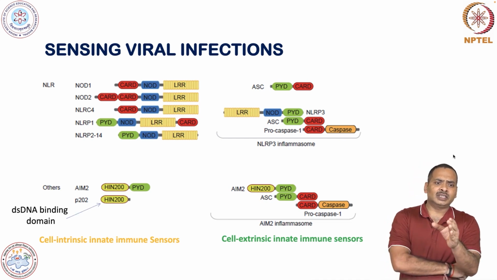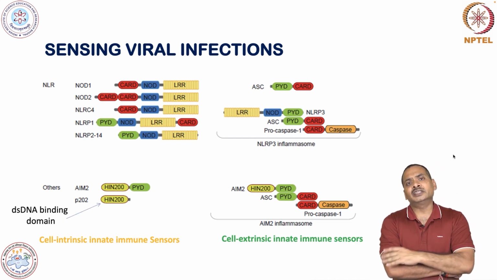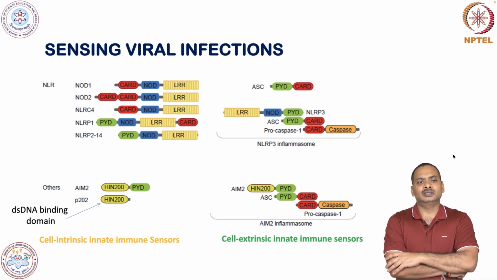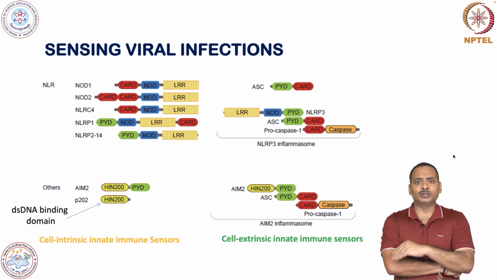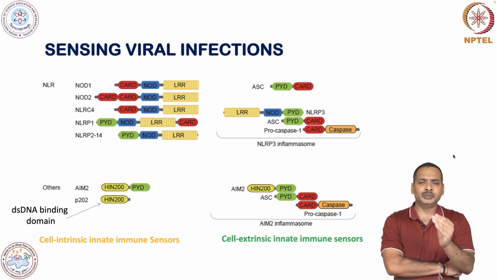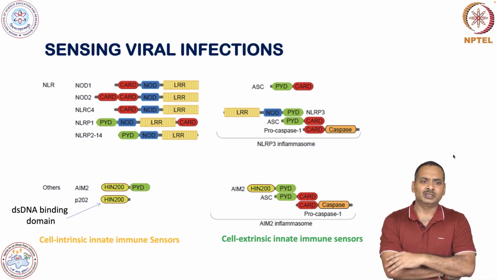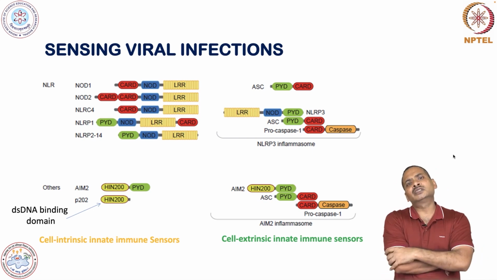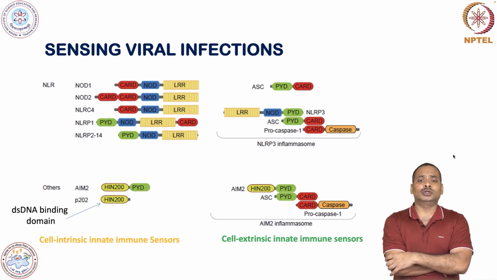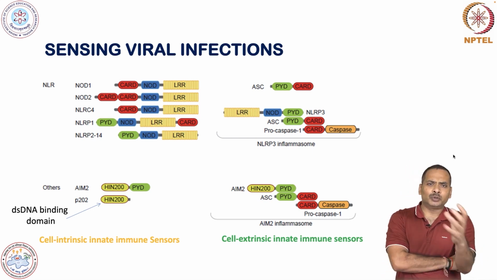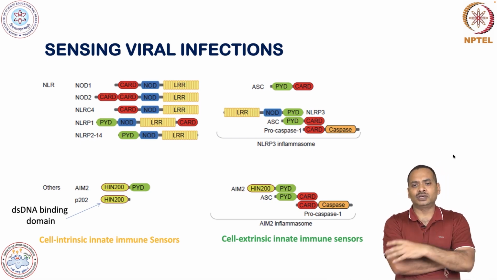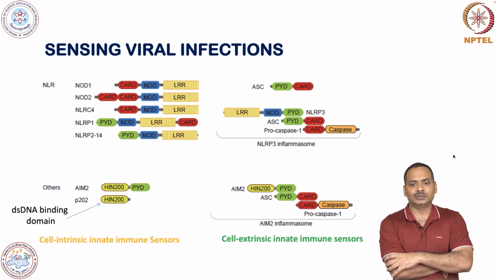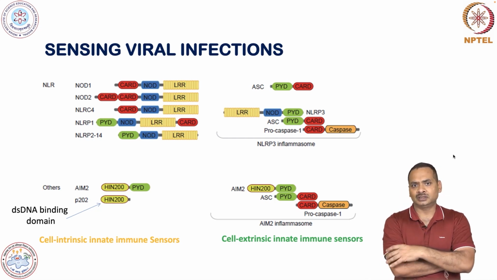You can see that in AIM2 there is a domain known as the HIN200 domain, and there is also a pyrin domain, while in P202 there is only the HIN domain. Basically, this domain binds with the DNA molecule, and upon binding it forms a multi-protein complex, which we call an inflammasome, which I will discuss in a subsequent slide.